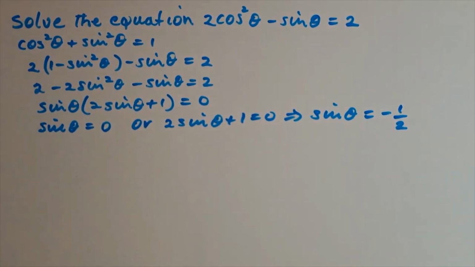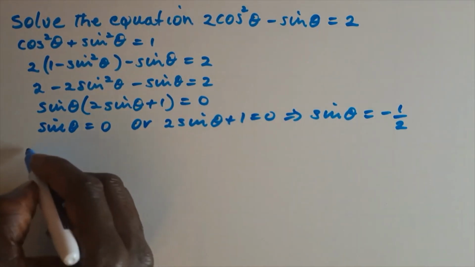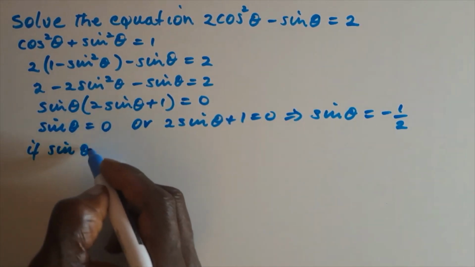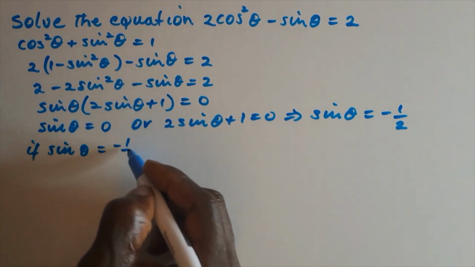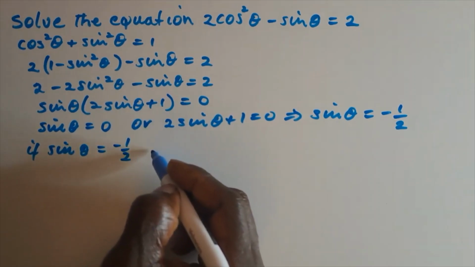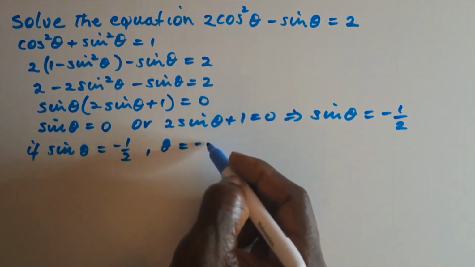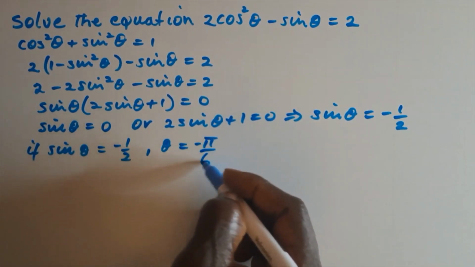Now sine inverse of minus a half is minus pi over 6. So if sine theta is equal to minus a half, then we have that theta is equal to minus pi over 6.